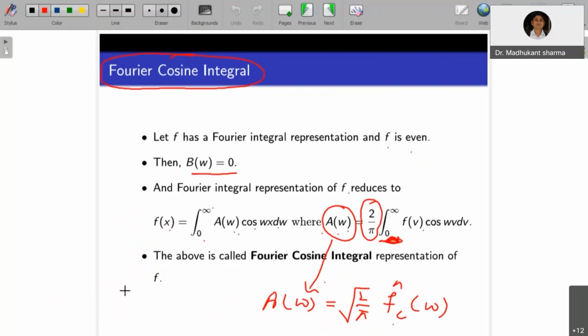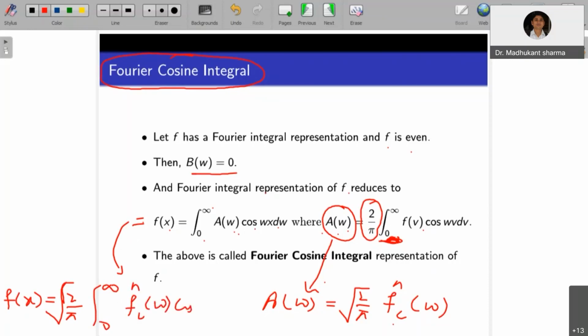Similarly, here also I can write f of x equals square root of 2 by pi times the integration from 0 to infinity of f c cap of w cos of wx dw.